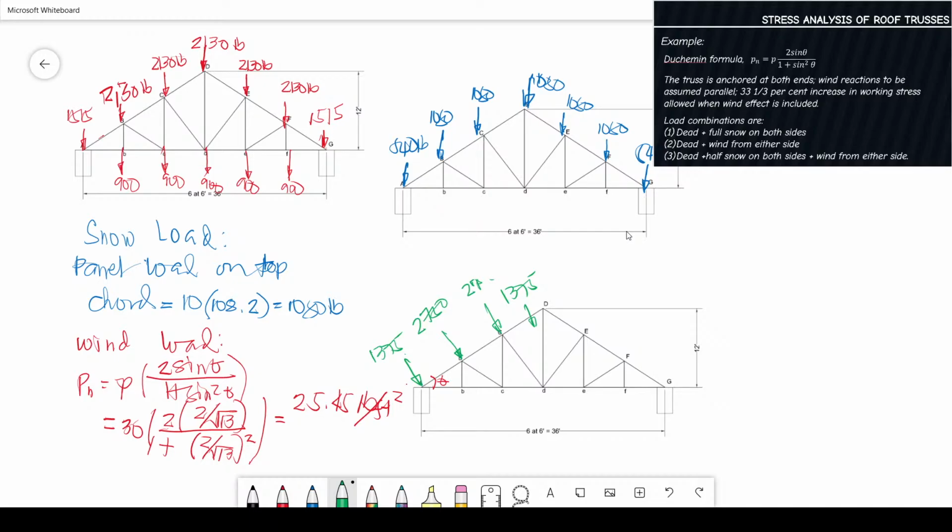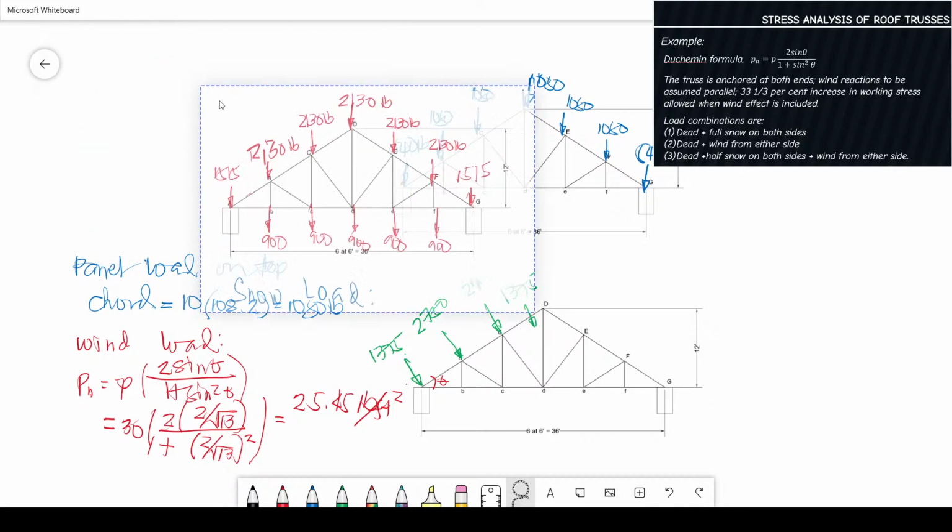The problem asks for the maximum stresses, so you have to tabulate.